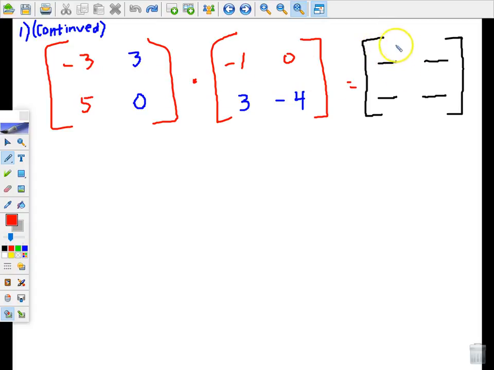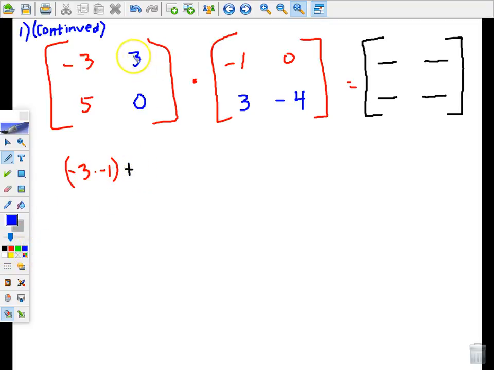To get this answer, I'm going to use row 1 times column 1. Remember, it's always row times column. I've color-coded these for you, focusing on this row from the left matrix times this column. Just match up the red numbers together, -3 times -1. Then you will always add, always.